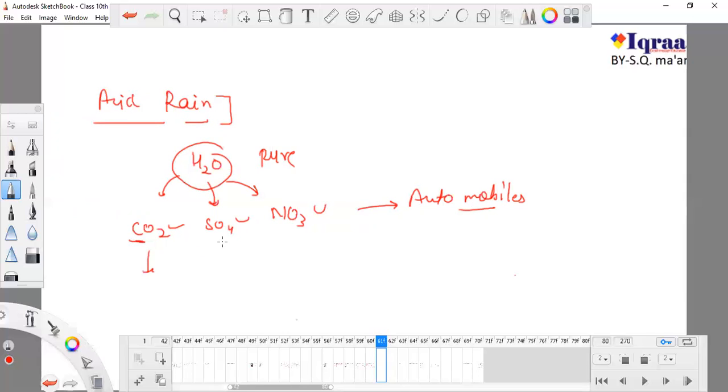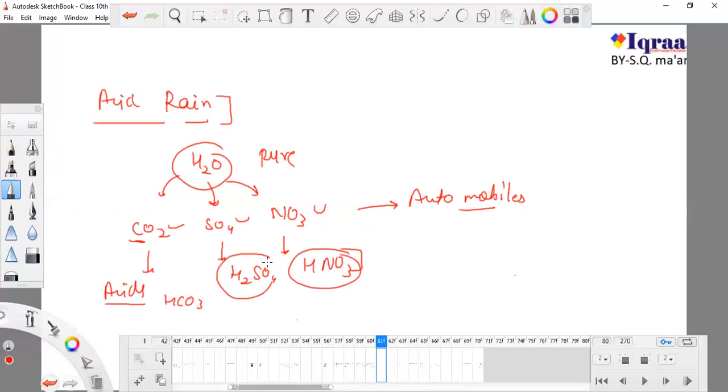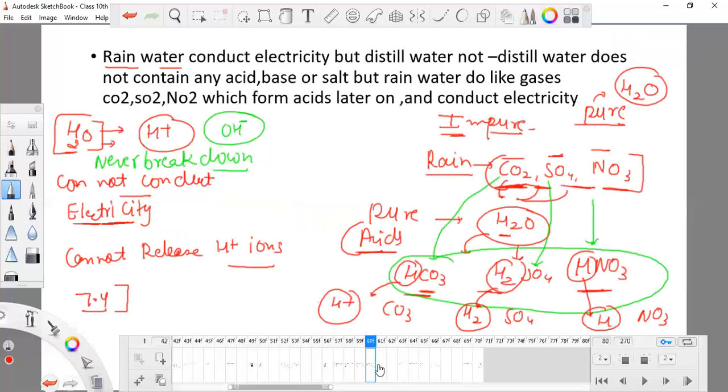As soon as water comes in contact with these gases, they change into acids, very harmful acids, and this is known as acid rain. Acids like H2SO4 and HNO3 can cause skin burns. Acid rain can also conduct electricity.